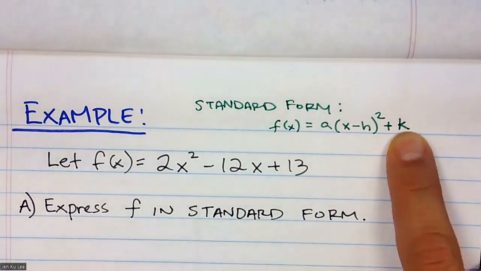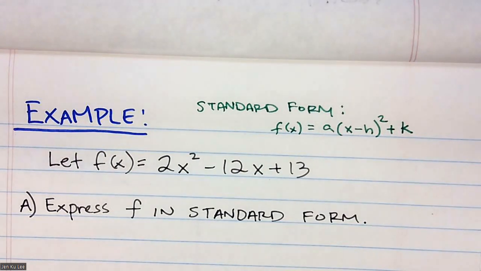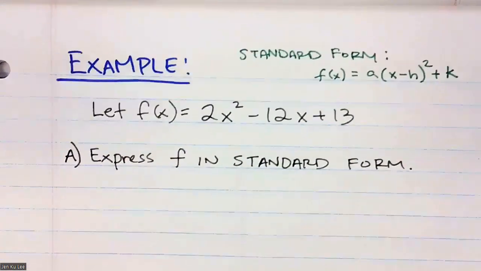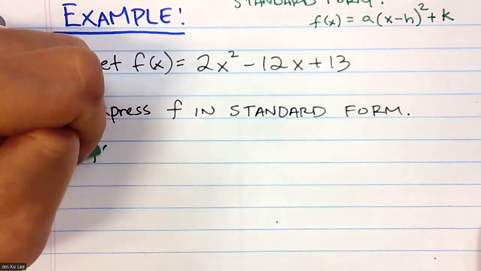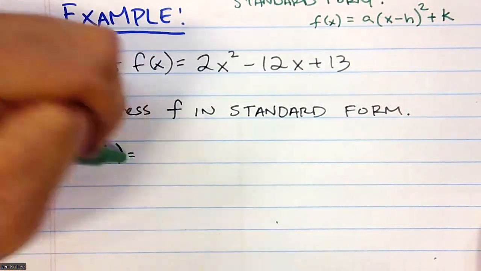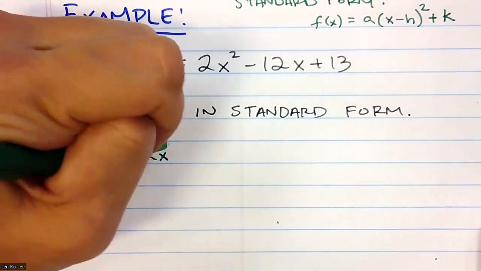Where h comma k is my vertex. So here are the steps, okay? I'm gonna rewrite this so I can work with it.